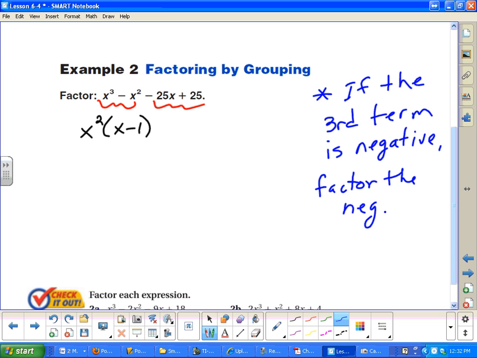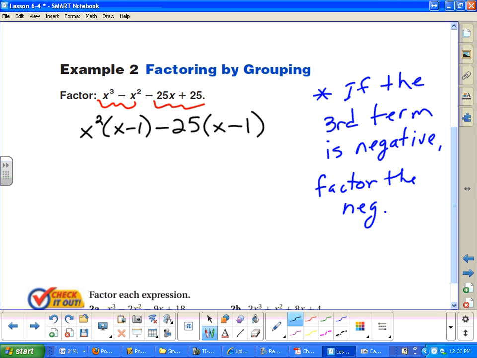So when I say that these 2 have 25 in common, but since the third term here is negative, I'm going to take out a negative 25. So negative 25 divided by negative 25 gives me an x. Positive 25 divided by negative 25 is negative 1.